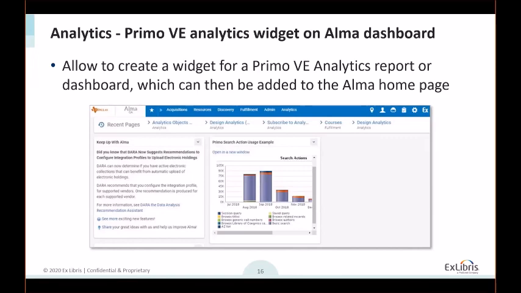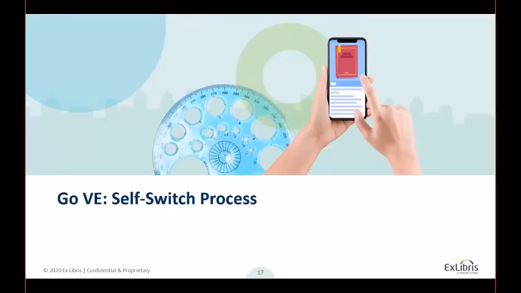And now I want to move to the Go VE and talk about the new self-switch process to move from Primo to Primo VE. Until now, the process to move to Primo VE was led and managed by the Ex Libris delivery team. 130 institutions moved by this process, but customers' demand is growing and we don't have the capacity to move all the customers in a short time, and cannot give the flexibility required by customers about the process duration or timelines.